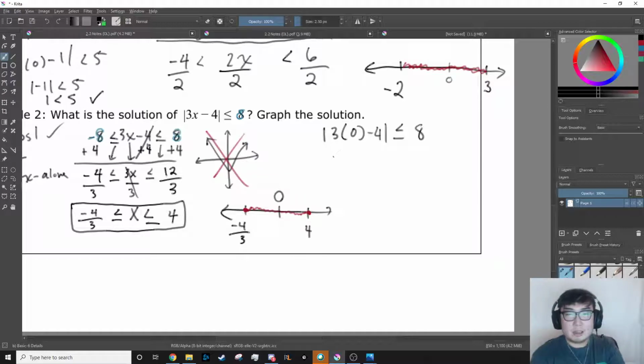That means that the absolute value of 0 minus 4, which is the absolute value of negative 4, has to be less than or equal to 8. Is that true or false? Because this turns into 4 is less than or equal to 8. That statement is true. So this is correct.